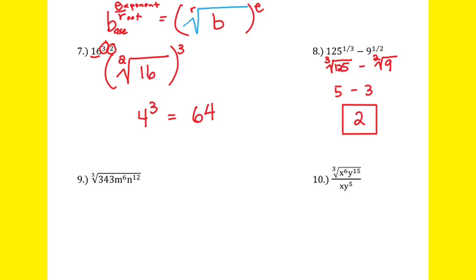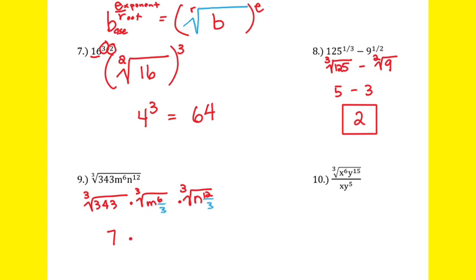On number 9, we can see this as 3 different things multiplied: 343 to the 3rd root, and m to the 6th to the 3rd root, and n to the 12th to the 3rd root. With whole numbers, we would go ahead and use our calculator and root that and get 7, because 7 times 7 times 7 is 343.